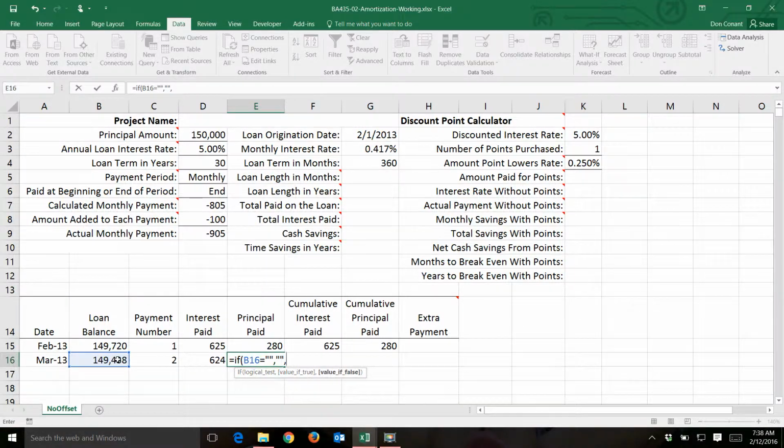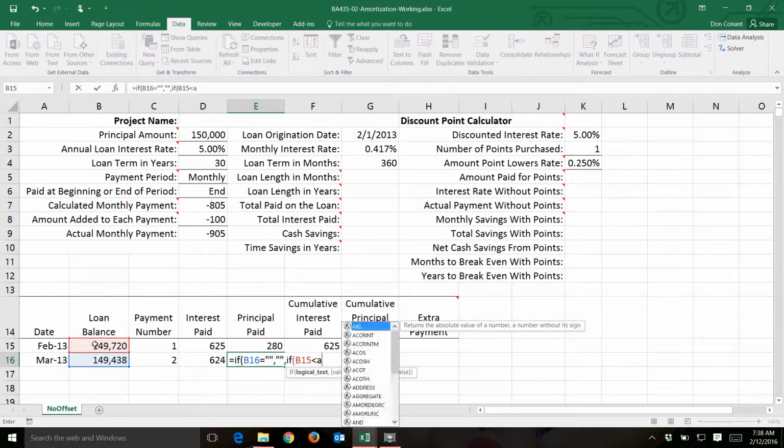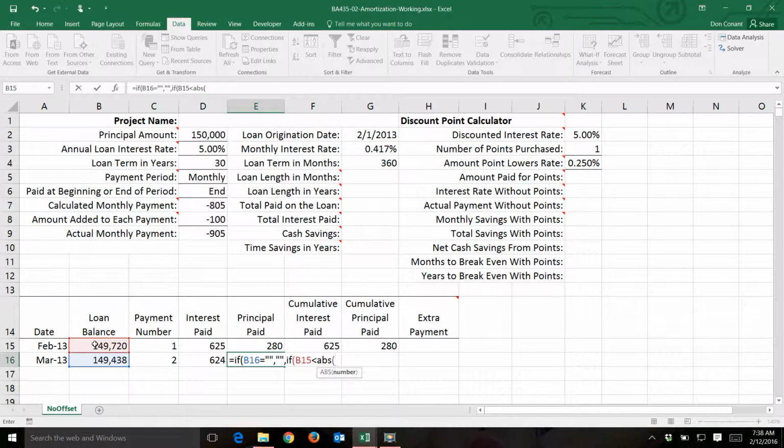If it doesn't, we'll use the if statement to look at the previous loan balance to see if it's less than the absolute value of the amount we pay. And we have to make sure that we make that absolute. If it is less than that, our payment's going to pay it off, so we don't want to necessarily make a full payment.